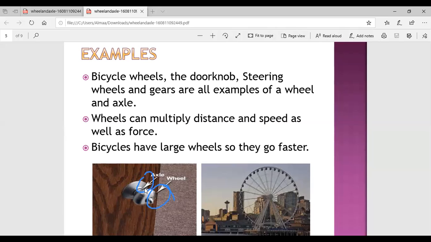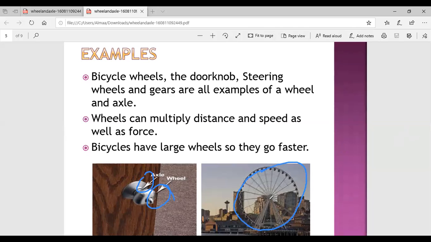So this is also an example of the wheel. Okay, so you have a steering wheel here. Think about this example here, Hassan. What you have here is a wheel. And as you can see here, in this example, the wheel is rotating.